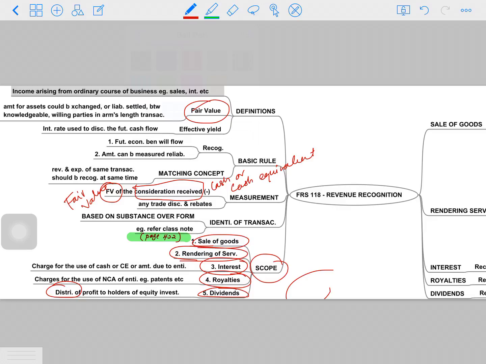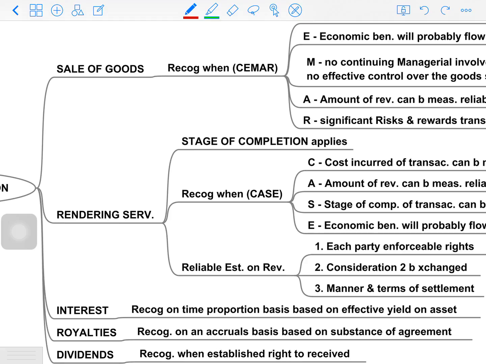Okay, now let's take a look at the more important ones for you, especially in your final exam. In your final exam, normally the question will give you a situation of a company, and you will be asked to answer how should you recognize the revenue, how much is the revenue. Okay, so FRS 118 covers these revenues.